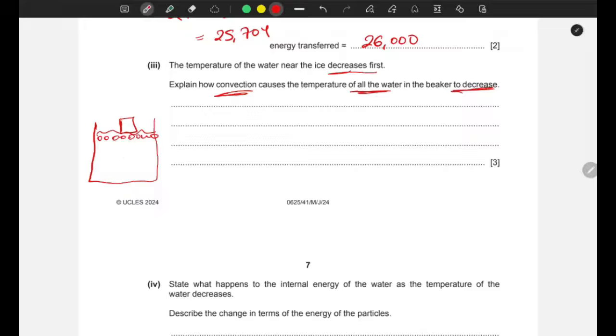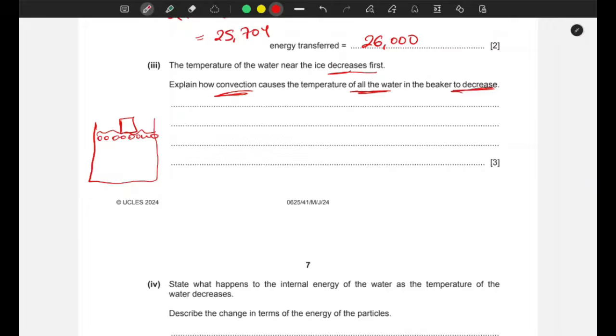Whenever they become cooler, their density increases. So the particles on top become heavier, or their density increases. The reason their density increases is that when they're colder, they contract. You know how objects expand when heated, so it's the opposite.